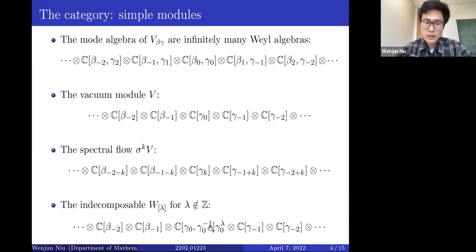Here, if I view beta as functions on C and gamma as differential on C, or if I view gamma as functions on C and beta as minus the differential on C, this is just the module generated by x to the lambda. Great. So these are simple modules.